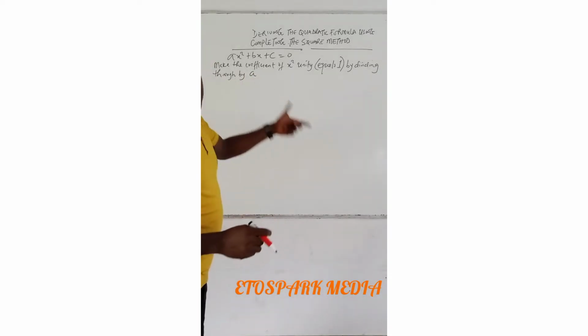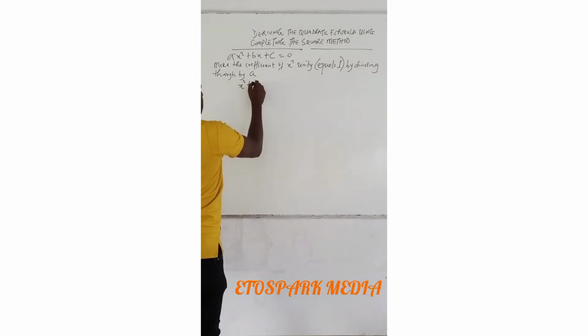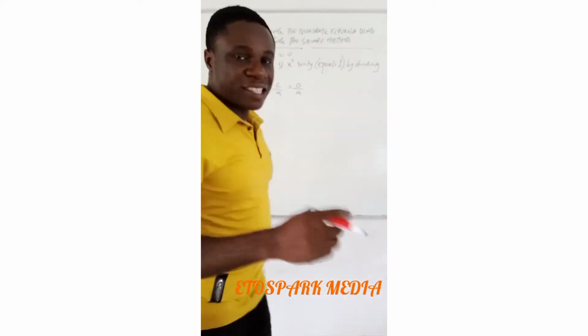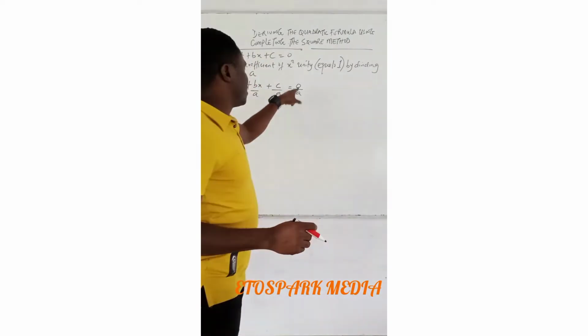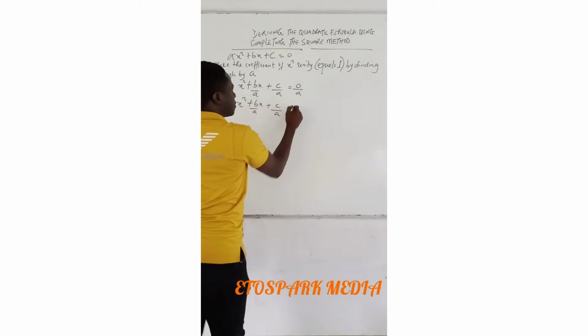Now, this is what we are going to do. We divide through by a, and if we do that, we have x squared plus bx over a plus c over a equals 0 over a. Now, 0 divided by a is 0. So we have x squared plus bx over a plus c over a equals 0.